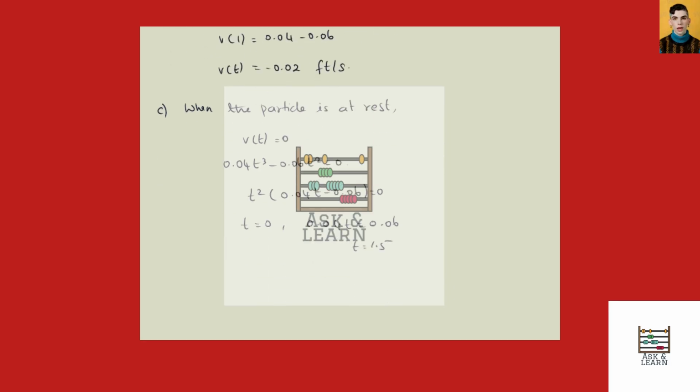Hence we can say that t equal to 0 seconds, which is the smaller value, and t equal to 1.5 seconds, which is the larger value.